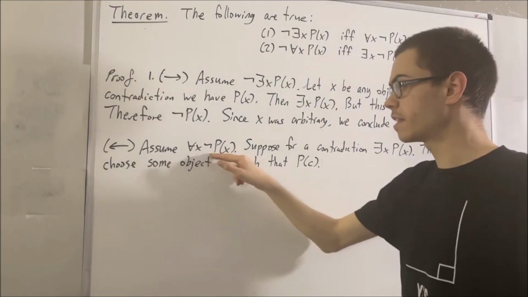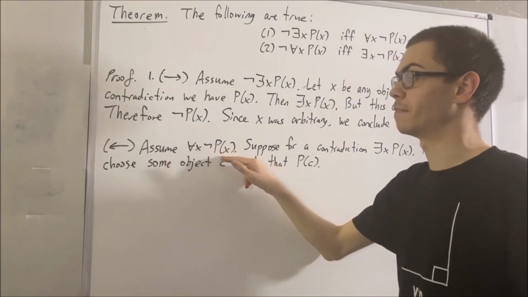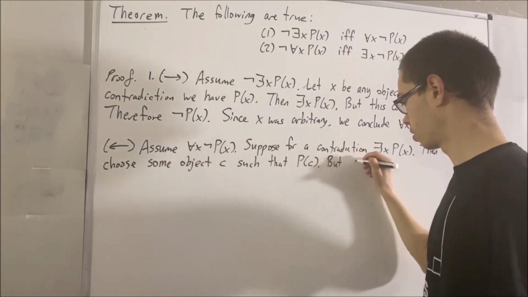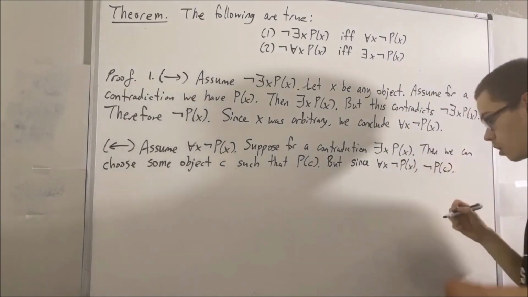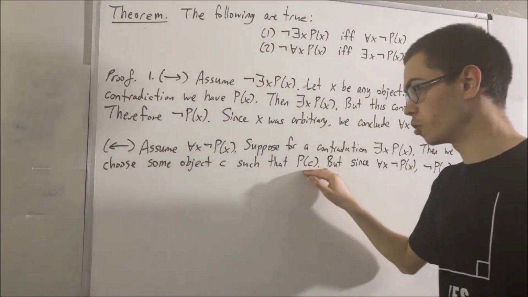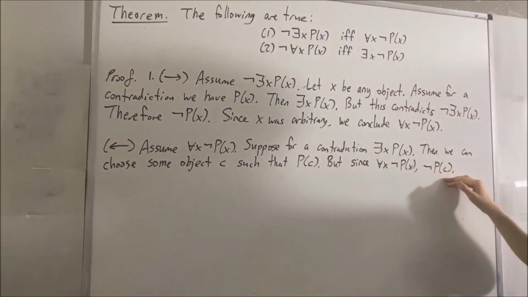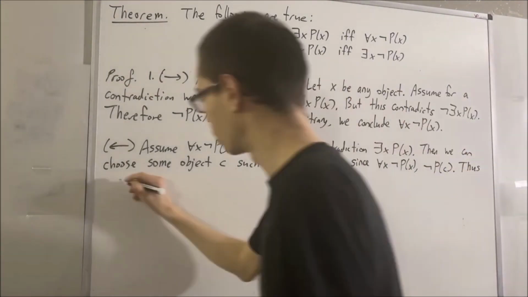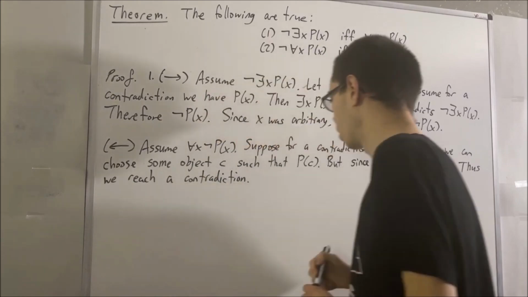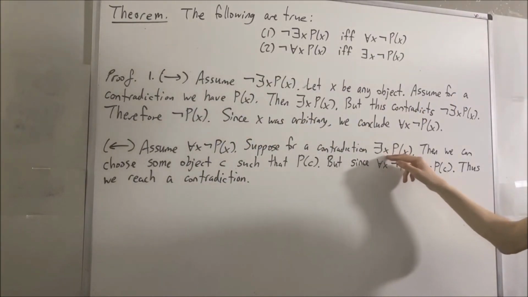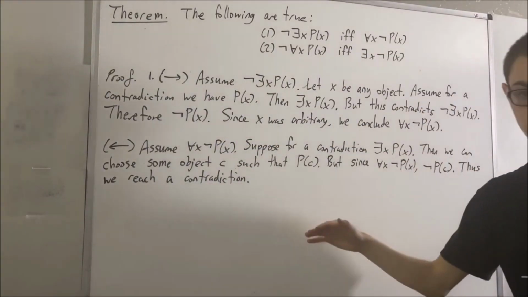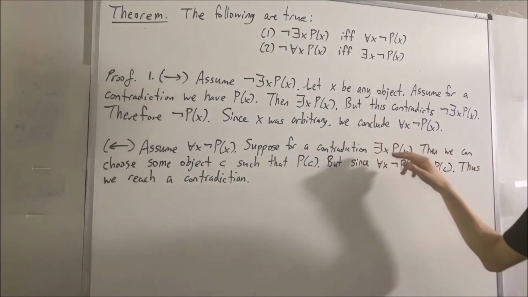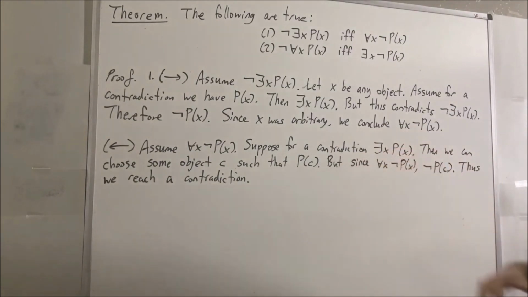Therefore, this statement tells us that not p of c is true. So we have that p of c is true and not p of c is true. So this gives us a contradiction. Our assumption that there is an x such that p of x led us to a contradiction, so we must instead have there does not exist an x such that p of x.